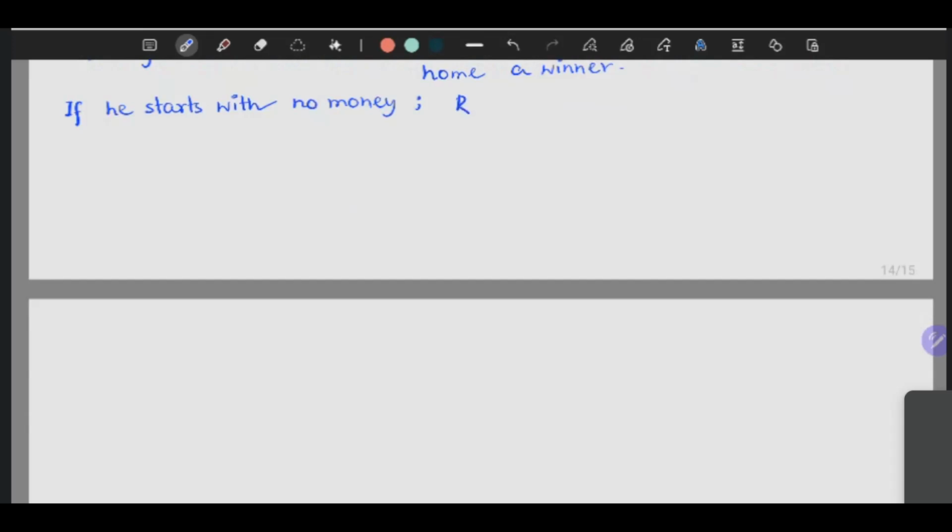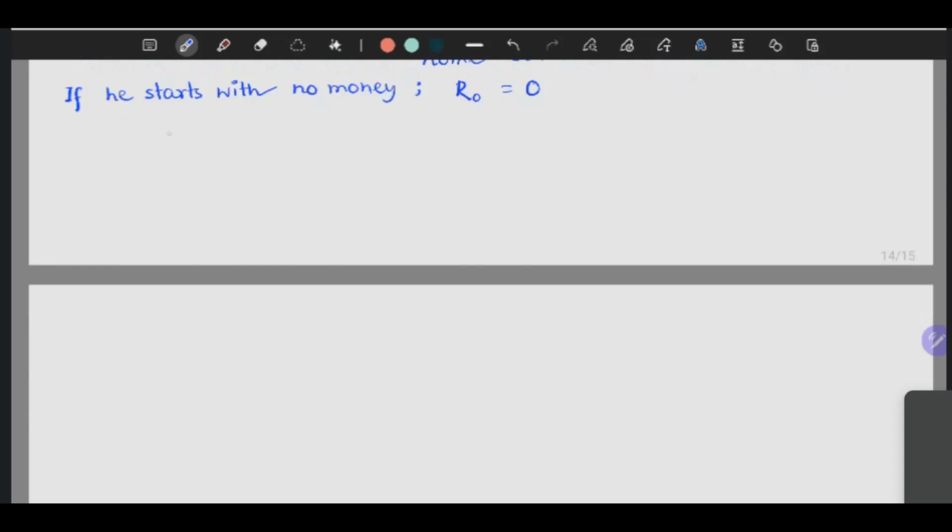So R0 means when n equals 0, it is 0, he cannot play. And if he has W amount of money, then he will not play, but he will win, right? So that makes it 1.